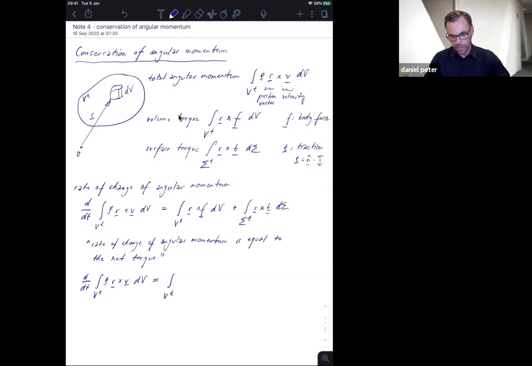So we can rewrite it as the time derivative of rho r times v plus the divergence of this r times v, and now the dyadic product with v.